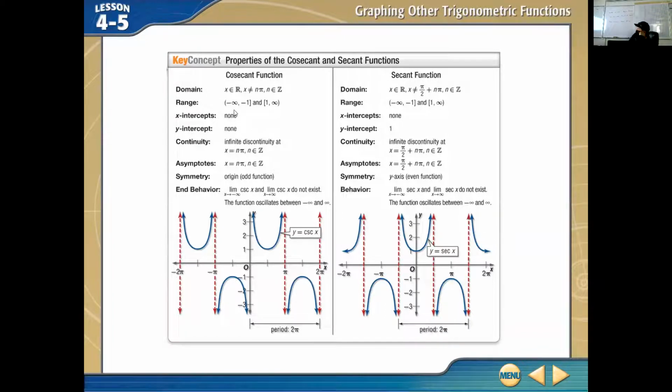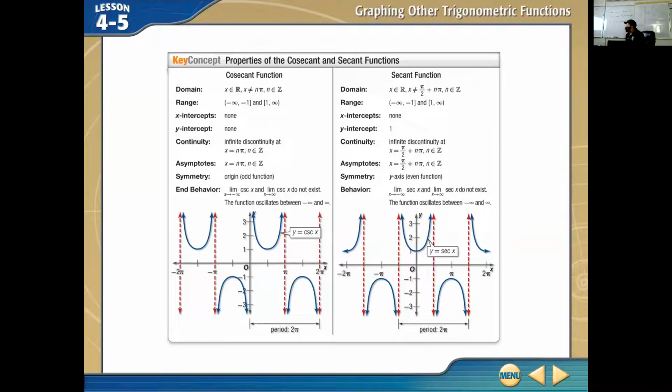So the range of our cosecant function, it's never going to be between -1 and 1, because those are our amplitudes. Okay, so the amplitude still applies here. It has no y or x-intercepts, because it has the asymptotes.